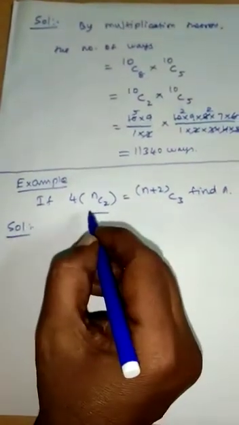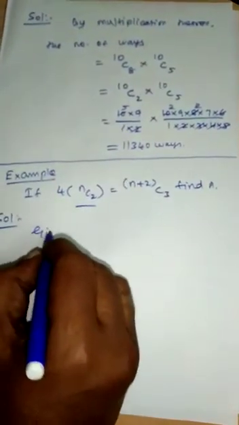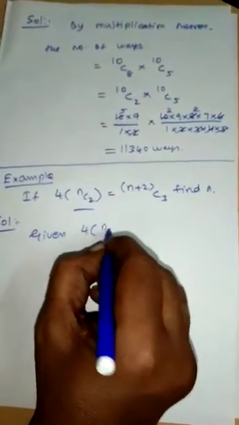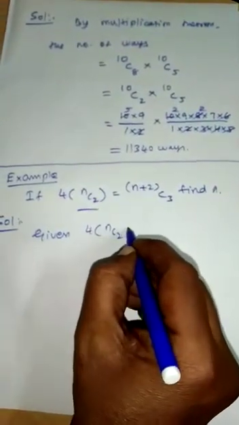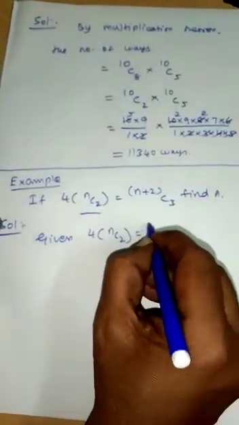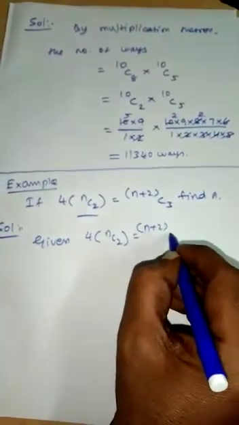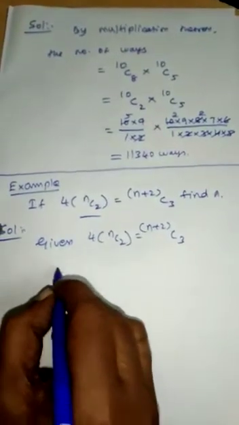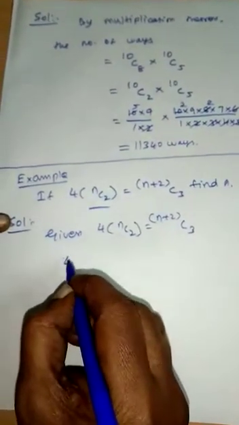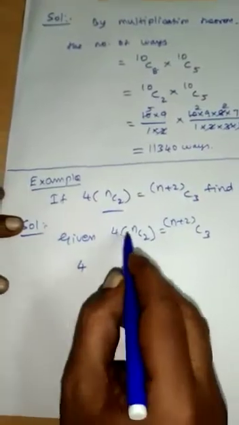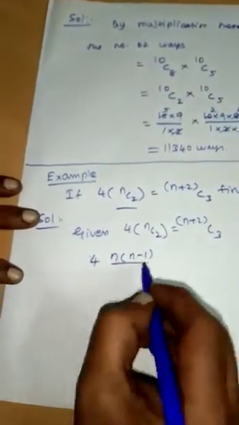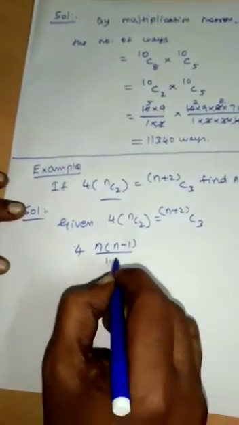Solution. Given 4 NC2 is equal to (n plus 2) C3. 4 is 2 numbers, n into (n minus 1) by 1 into 2.